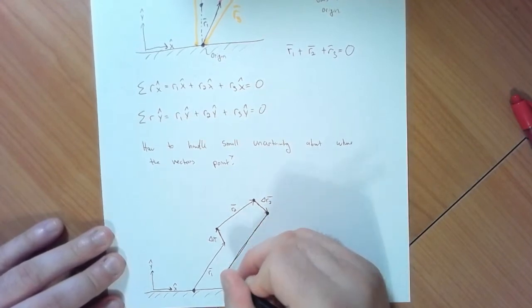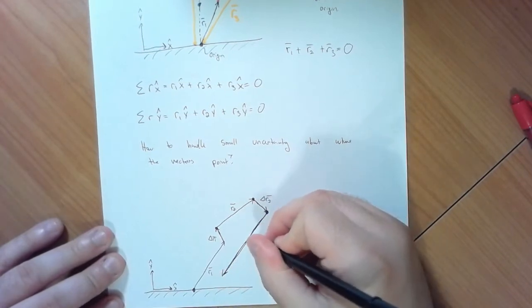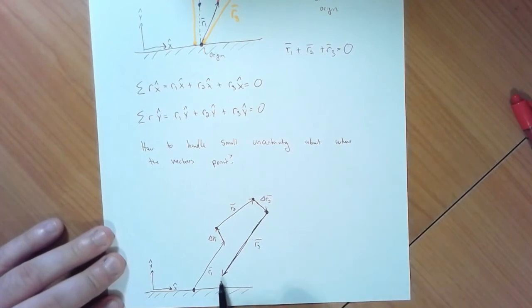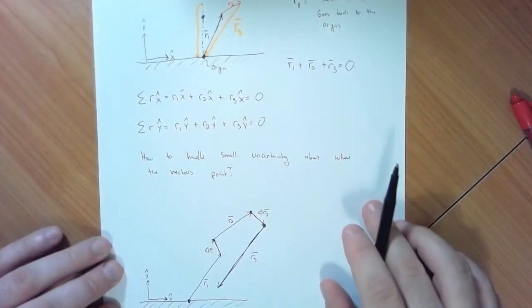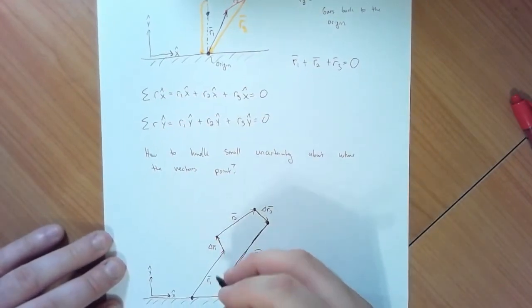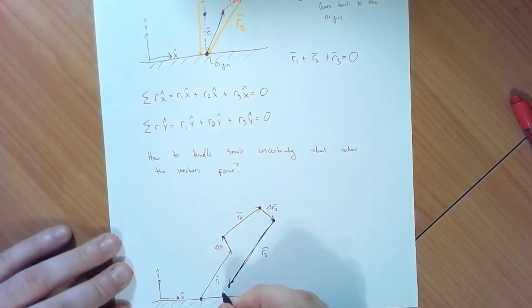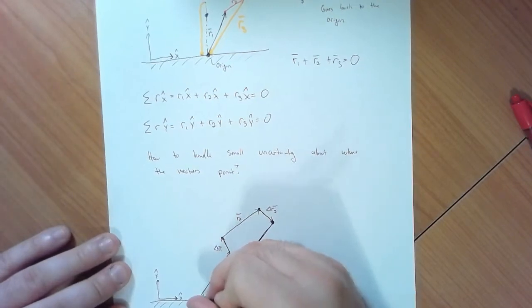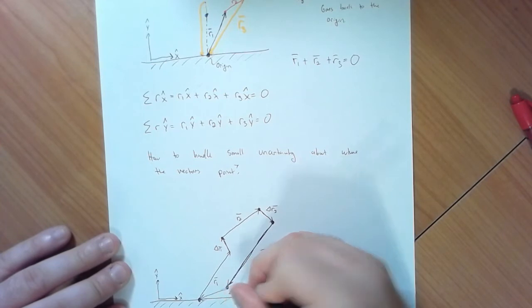There it is. And we're going to call that R3. But now I haven't actually made it back to the origin, because this R3 vector is meant to be the same as this R3 vector up here. And so to get back to the origin, I also have to give myself a little bit of leeway and create an additional vector to get me back to the origin, which we're going to call delta R3.